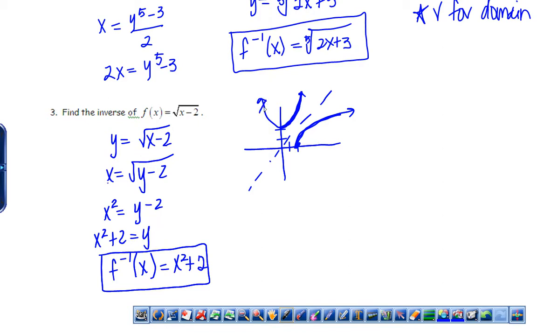So I need to get rid of this. So in order to make them inverse functions, I could say this is an inverse if x was greater than or equal to 0. So I'm going to add that on to this problem to make them true inverse problems.